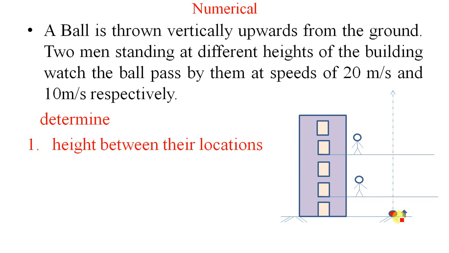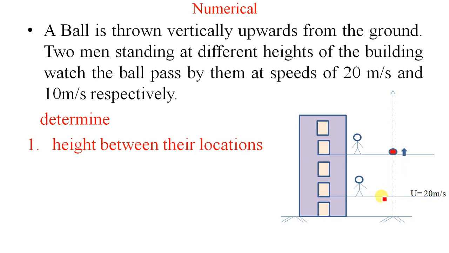When this ball is thrown in an upward direction, first we have to find out this h. When it reaches the first person, its velocity is 20 meter per second.